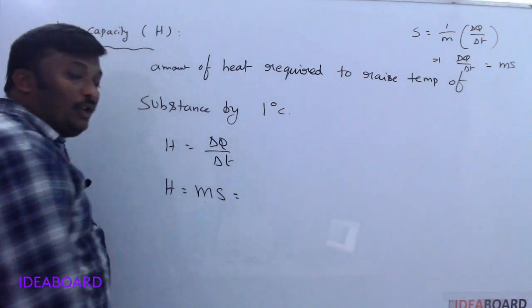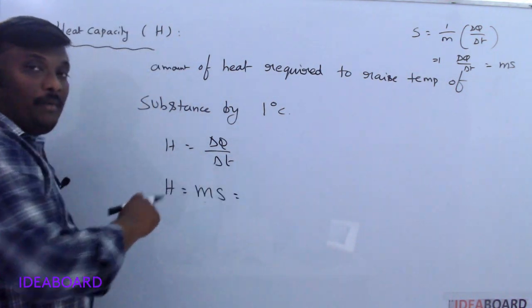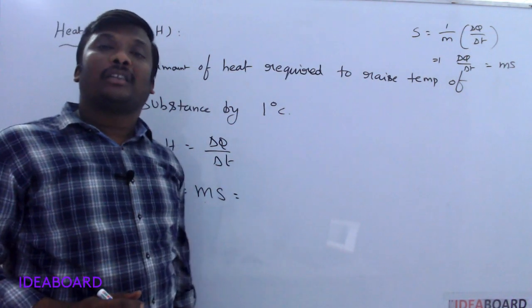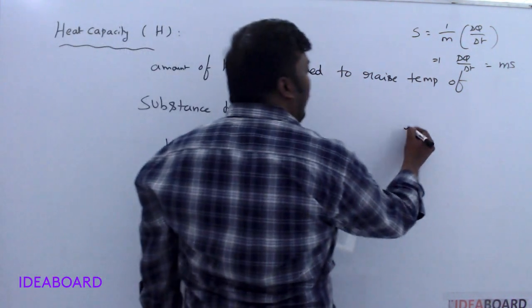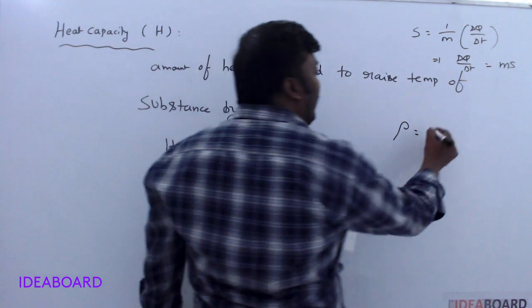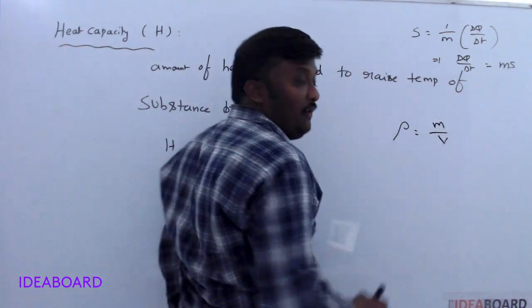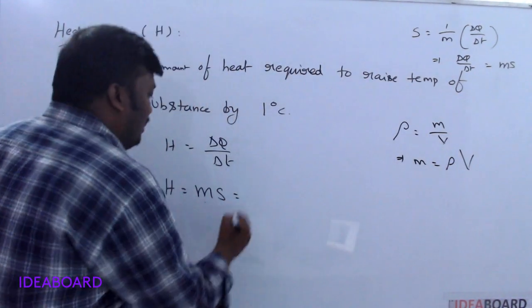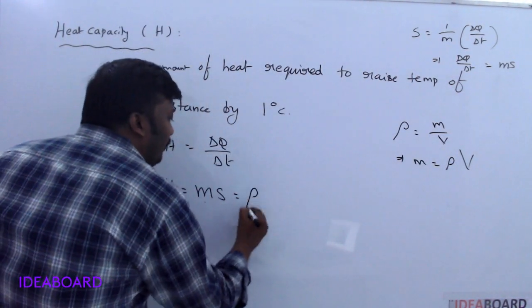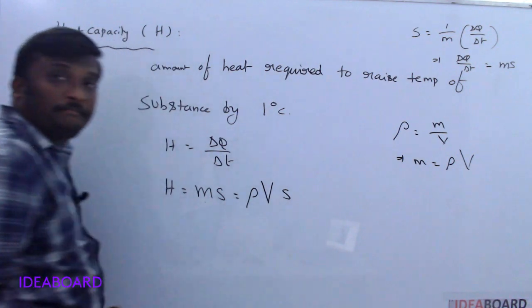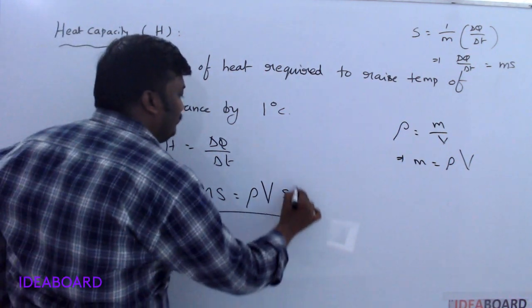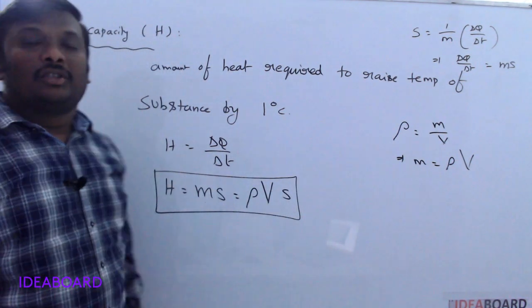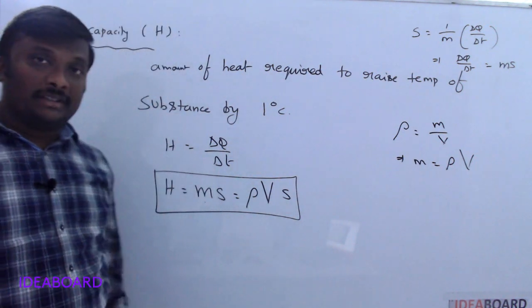Sometimes the question is given with density or volume instead of mass. So we know the formula for density: density is mass by volume. From this, what is the formula for mass? Density into volume, right? So can I write, instead of M, rho V S? So this is the formula for heat capacity.